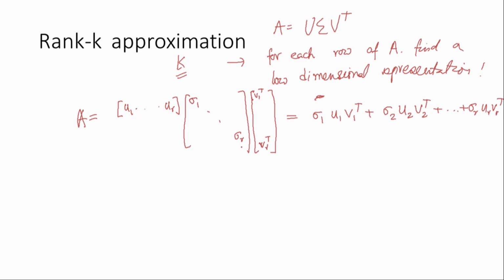Basically, first you multiply sigma 1 to sigma R with V1 transpose to VR transpose. So each sigma multiplies the corresponding Vi transpose, and then you have the matrix U1, U2, ..., UR, and then you just do a dot product like thing. Okay.